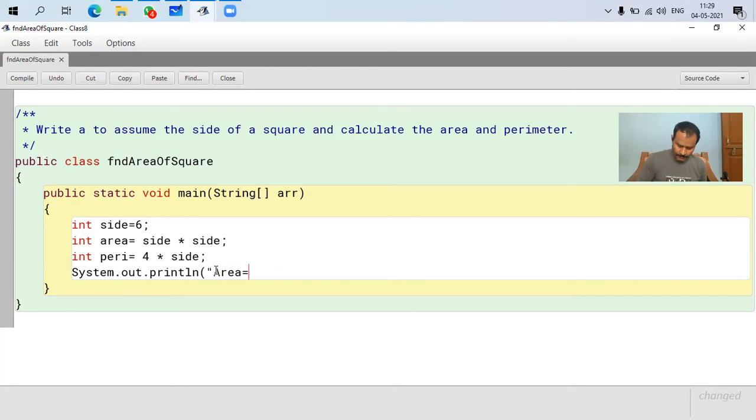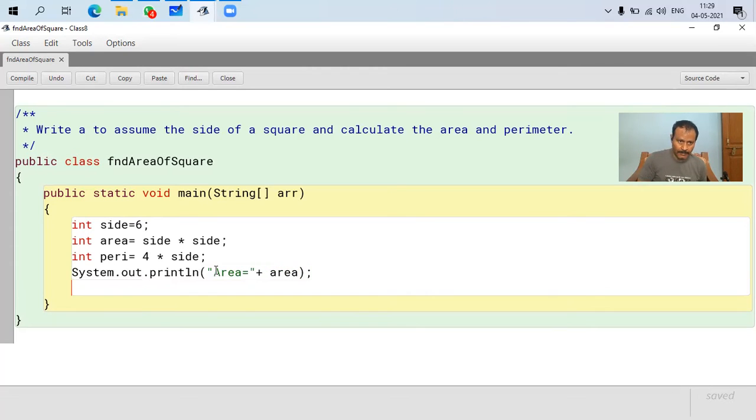Now you need to print area. So what is the variable we stored the area in? It is area. Okay. Now another one. We need to print the perimeter. What is the variable we stored the perimeter in? It is peri. Now done. Compile it.